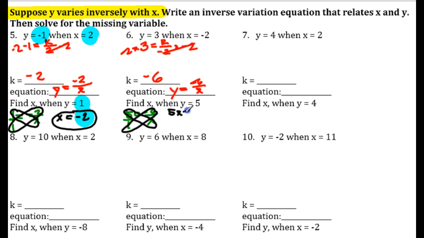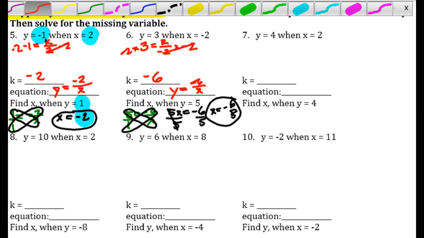Negative 6 times 1 equals negative 6 on the other side. And then I just have to divide both sides by 5. And then x equals, final answer, negative 6 over 5. And sometimes you will get a fraction as an answer. Okay? Alright, last one we'll do together here.